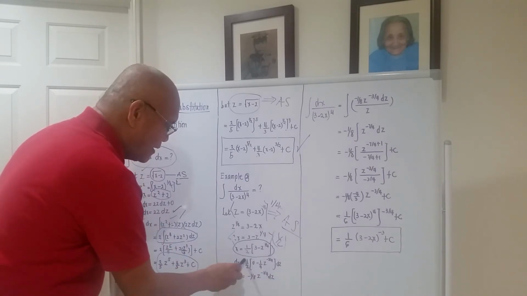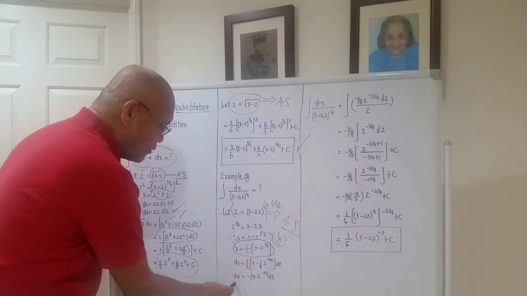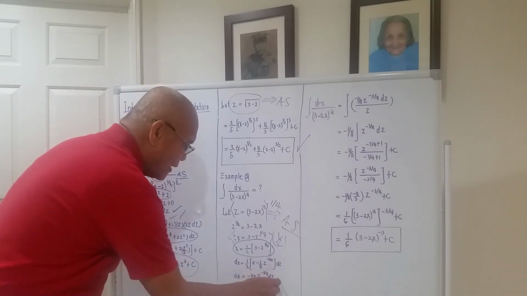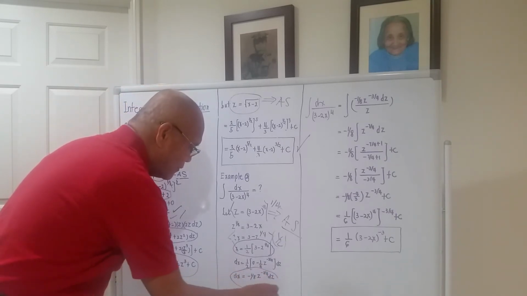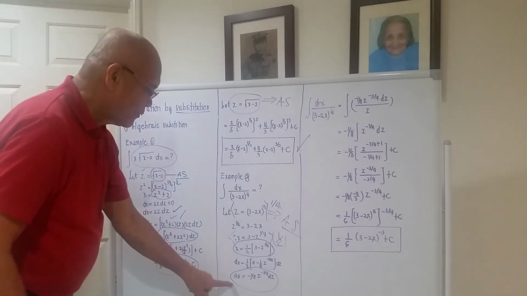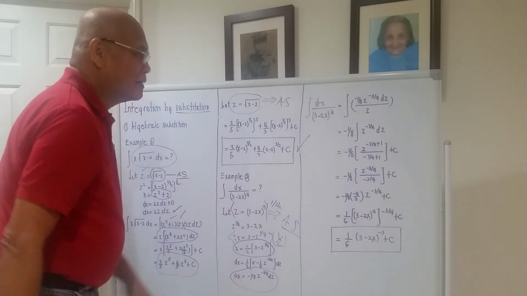So 1 times minus 1 is minus 1, 2 times 4 is 8. Therefore, dx equals minus 1/8, z raised to minus 3/4 dz. That is the value of dx as a function of the algebraic substitution z.